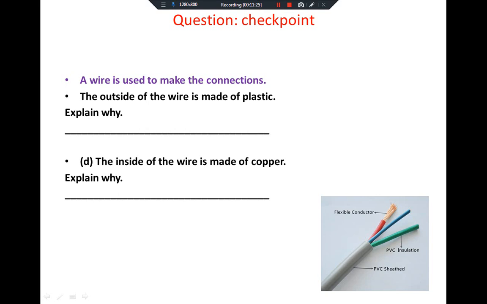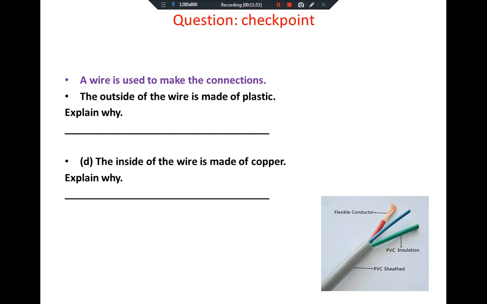This was one of the checkpoint questions, which actually is from one of the previous years. So the outside of the wire is made of plastic. Explain why it's made of plastic. I'm going to answer this today, but when we are at school, we're going to answer it together, which means I'm going to ask you to answer these questions for me.